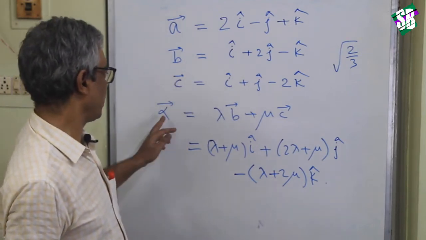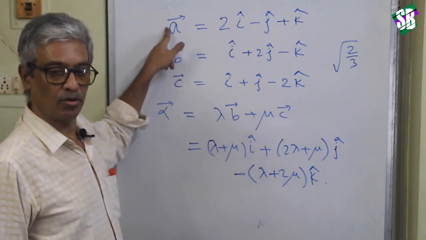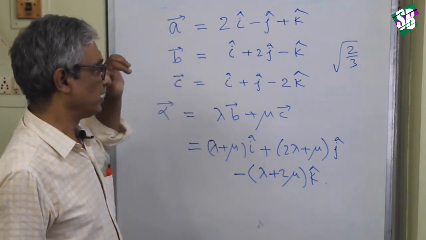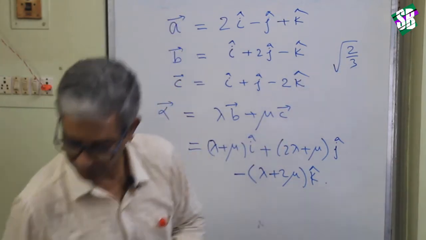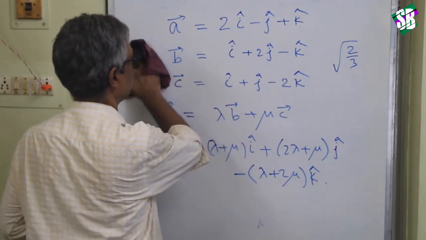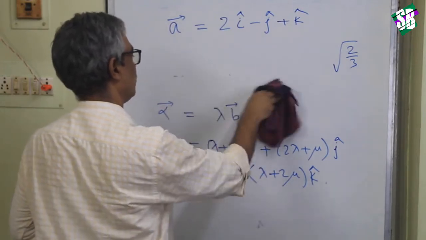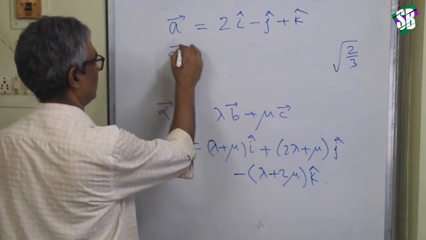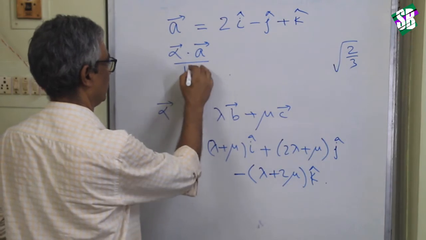Now this alpha vector has a projection on a vector, or along a vector, whatever you call it, and that projection has a magnitude root over 2 by 3. We know that the length of that projection is alpha vector dot a vector by mod a vector.